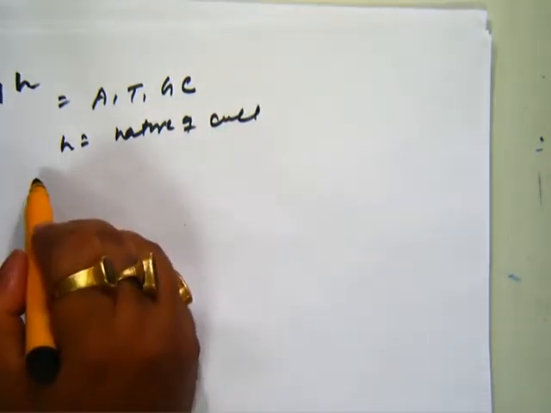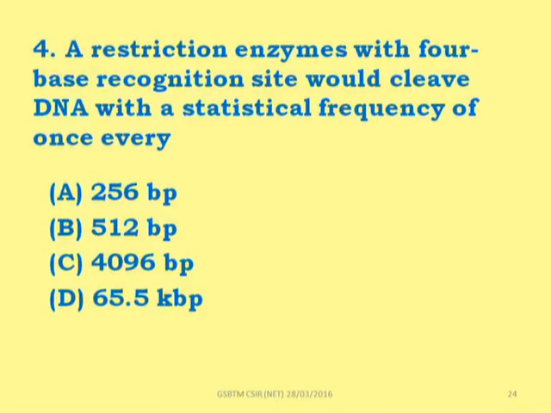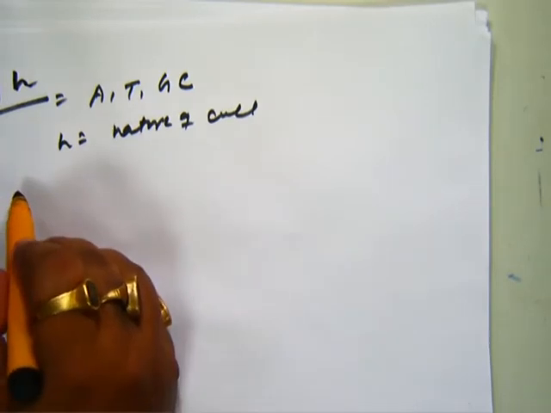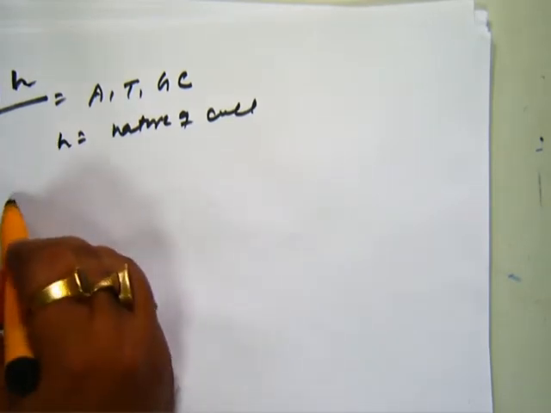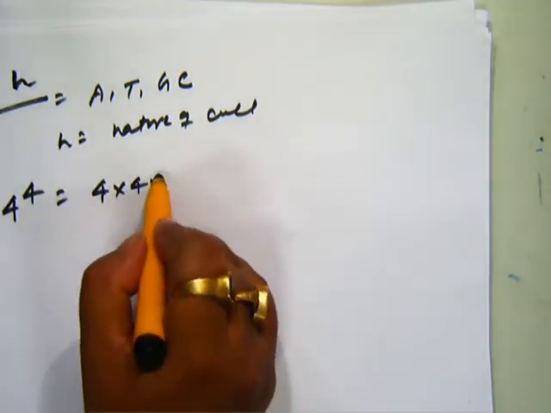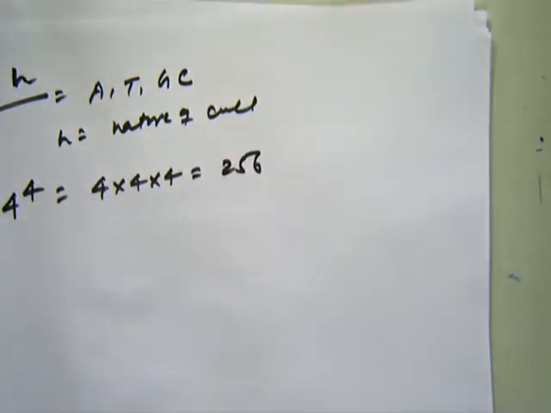So if DNA contains an equal ratio of adenine, thymine, cytosine and guanine, then this can be represented by 4 to the power n. So a 4 base recognition site means 4 to the power 4. So this will be 4 into 4 into 4 into 4, equal to 256. So this one is perfectly right.